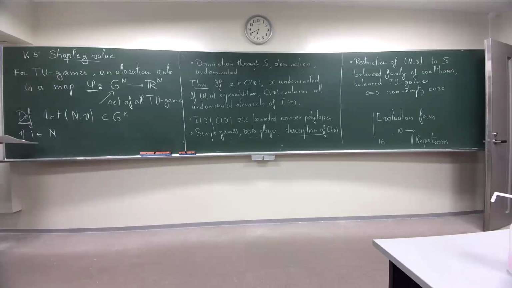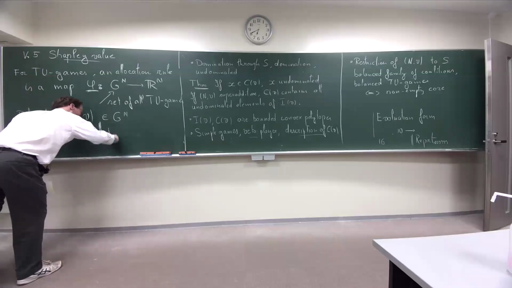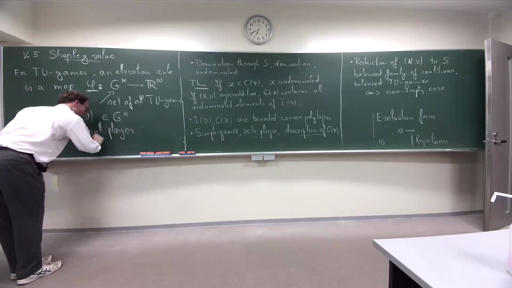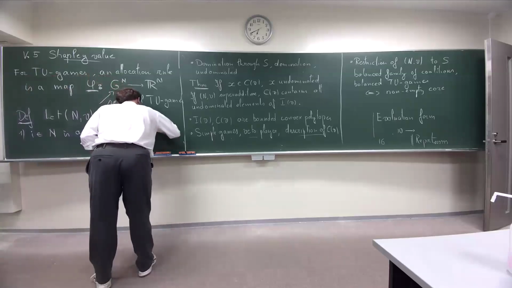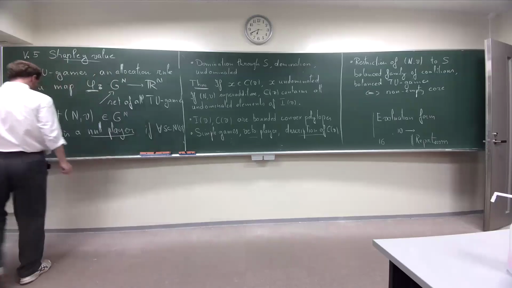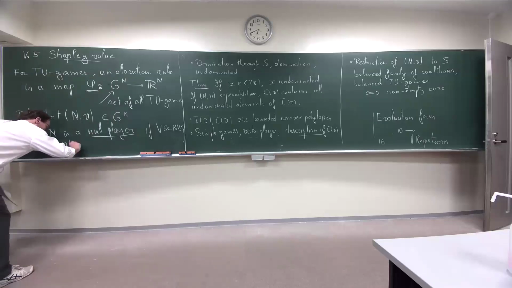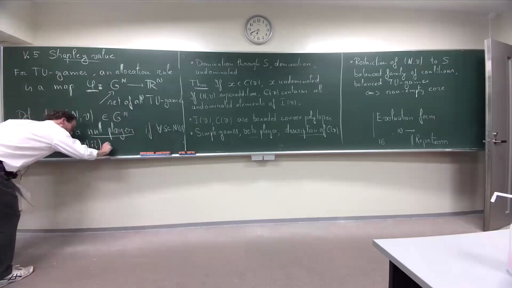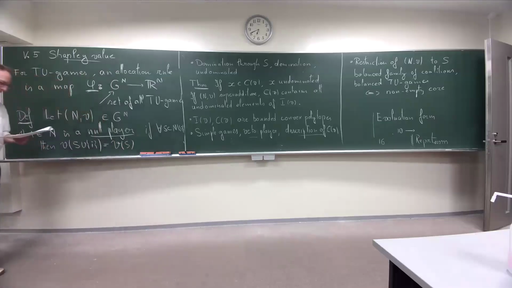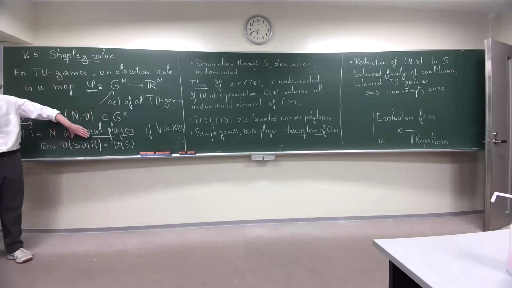So a player, an element i in the set of all players, is a null player if for any coalition S not containing i, v of S union {i} is equal to v of S. And I mean, it's quite understandable why it's called a null player, because it means the worth of a coalition with this player is the same as without.